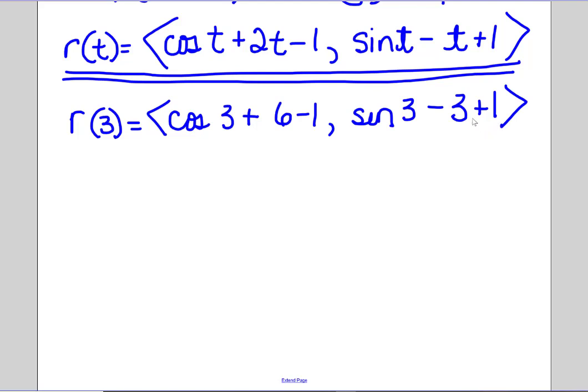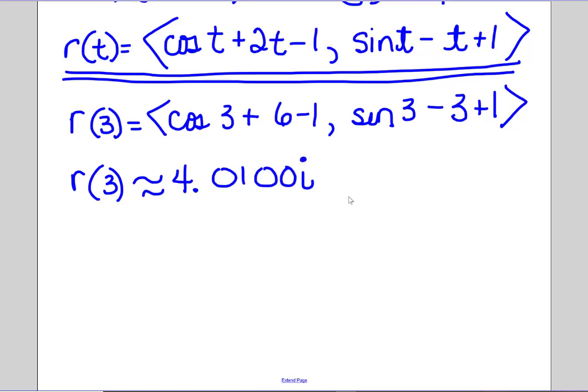So let's go grab a calculator and do those calculations to find an approximate position when time is 3. Okay, using my calculator, and you can verify that we have the same results. The cosine of 3 plus 5 is about 4.0100 in the horizontal direction.